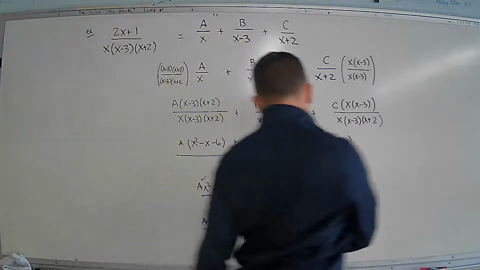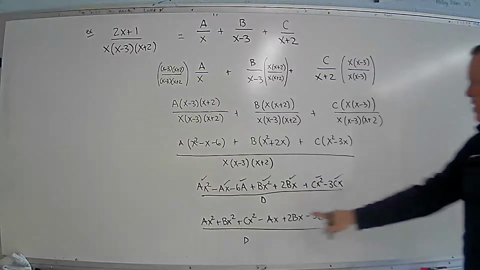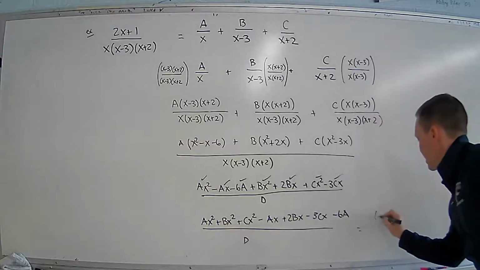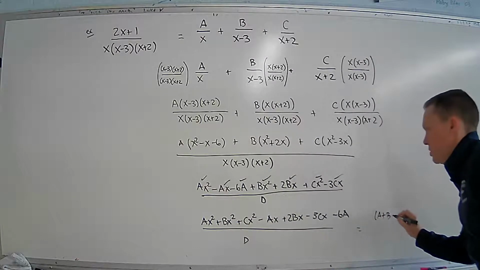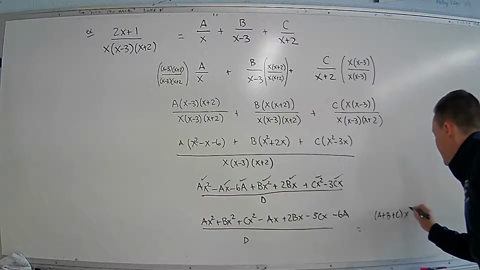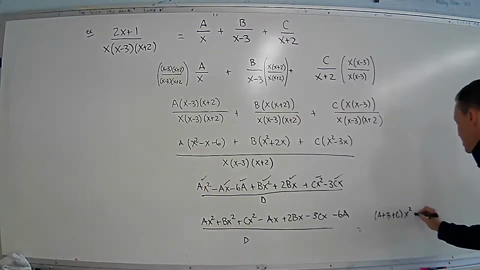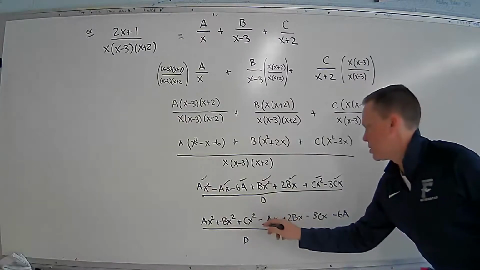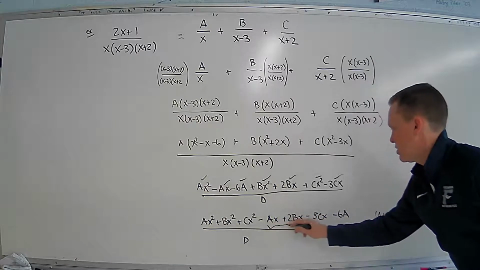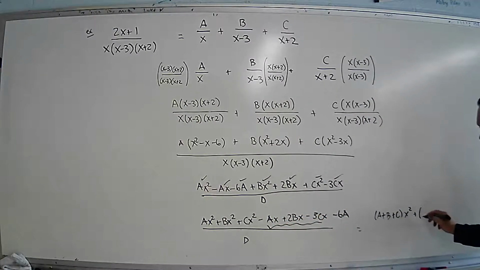And I'm running out of room here, but I'm going to factor out x squared here. So that's (a plus b plus c) x squared plus, I'm going to factor out an x out of this. So that's going to be (negative a plus 2b minus 3c) times x, and then minus 6a. Okay. Ugh.